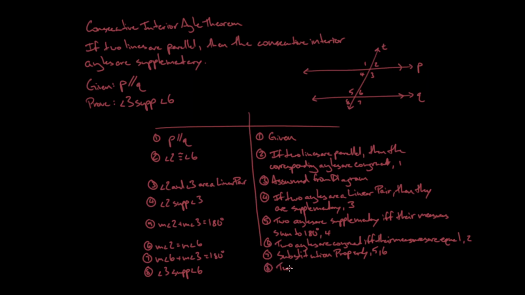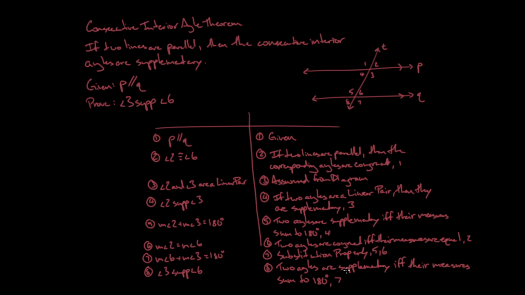Well, two angles are supplementary if and only if, since it's a definition, their measures sum to 180 degrees. Nice, I got it all on. Let me check myself here. What I'm finishing with is two angles are supplementary if and only if their measures sum to 180 degrees. Where did I say that? I said that up here in 7. So that's what I will cite.